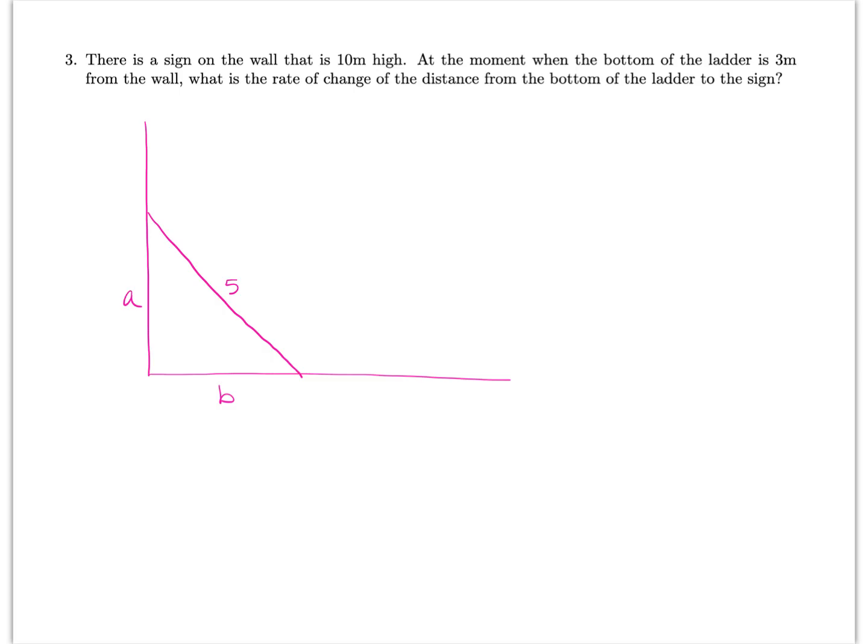And then the sign is 10 meters up the wall, so above the top of the ladder. Okay, so if this distance is A and this distance is 10, this distance is the difference, 10 minus A.